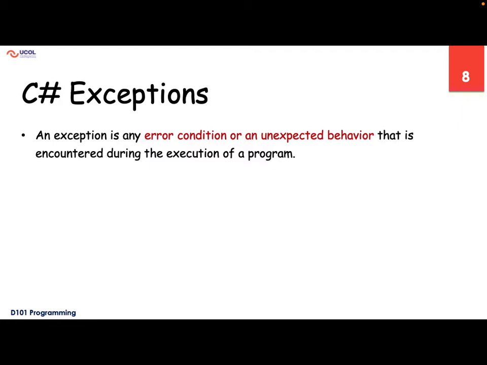So an exception is any error condition or unexpected behavior that is encountered during the execution of the program, not when you are designing it. When we are designing the user interaction, you can't control the actions of the users, but you can control how your program is going to react in those situations.